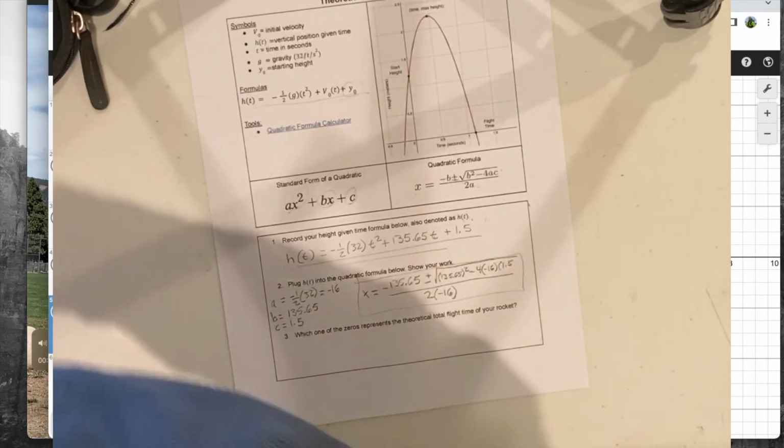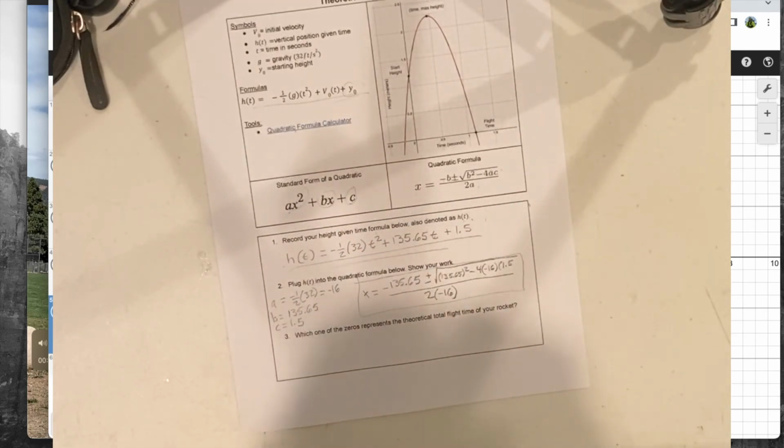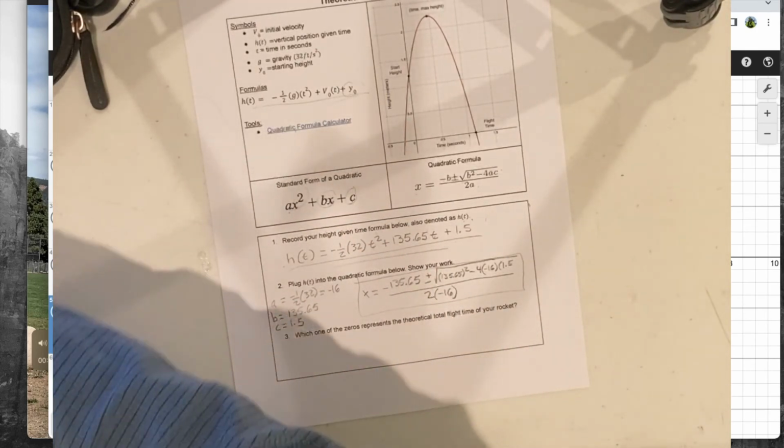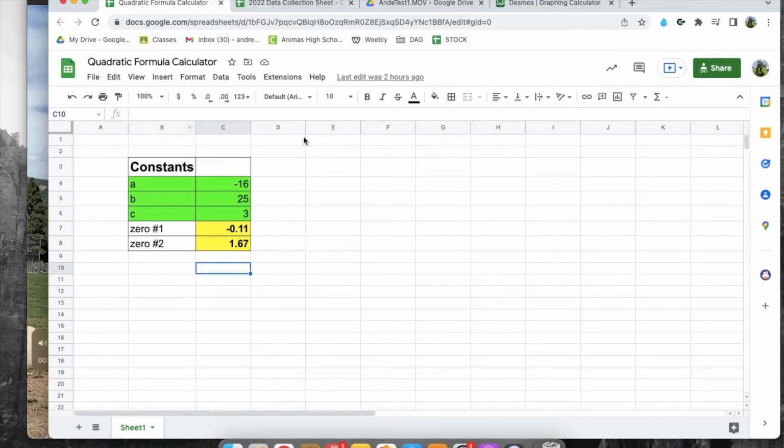At this point, I'm going to go ahead and use the quadratic formula calculator and plug in my a, b, and c to find which one is my actual flight time. And so here's the quadratic formula calculator. And as a reminder, our a is negative 16. Our b is actually 135.65. So I'm going to plug in 135.65 in there.